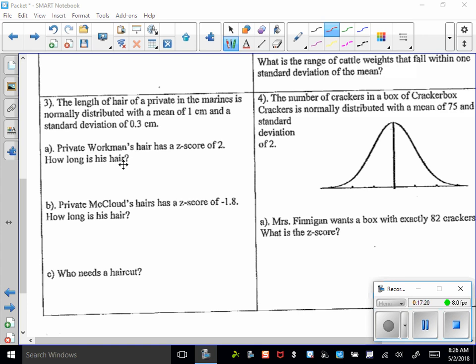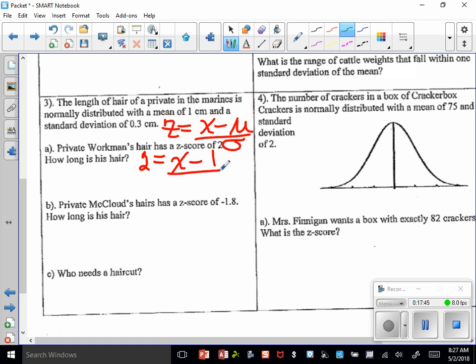Okay, so we're going to write down the z-score formula. Okay, and then we're going to put in everything we know. We do know his z-score is 2. Okay, we don't know how long his hair is. And we know the mean is what? 1.